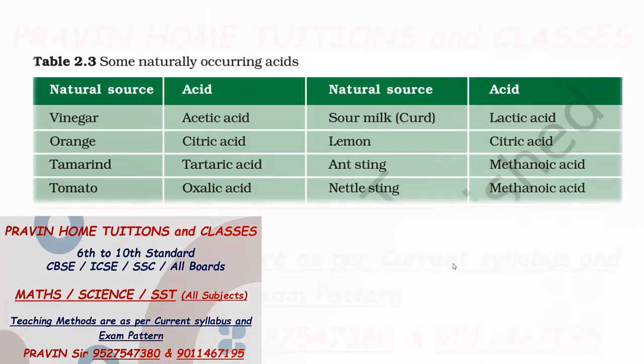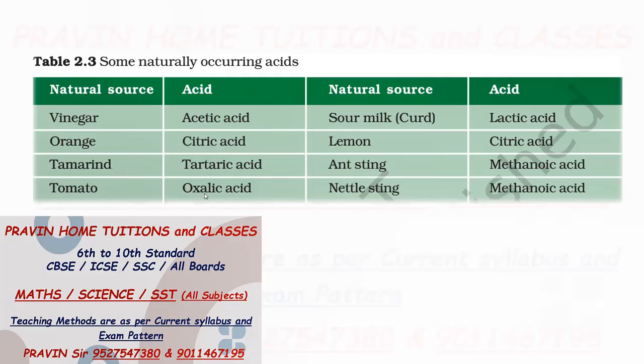Now, some naturally occurring acids. Vinegar, the acid is acetic acid. Orange, we have citric acid. Tamarind, we have tartaric acid.